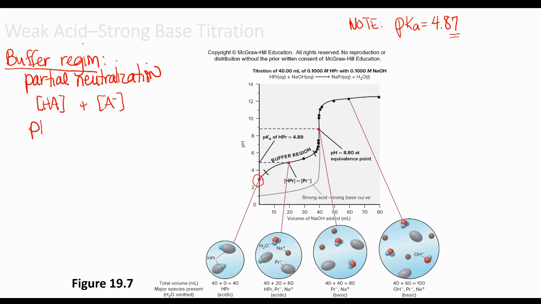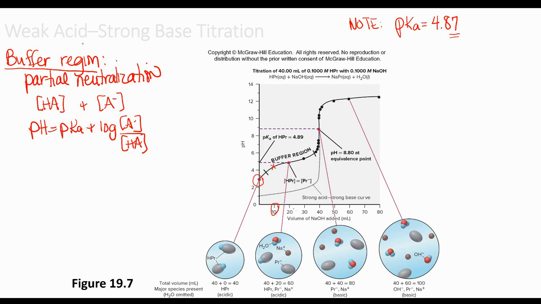And then we can use Henderson-Hasselbalch to do calculations in that region. In the previous video, we talked about what's the pH after 10 mils of base are added, which would put us somewhere in here. So we were below the pKa, which makes sense on the graph.